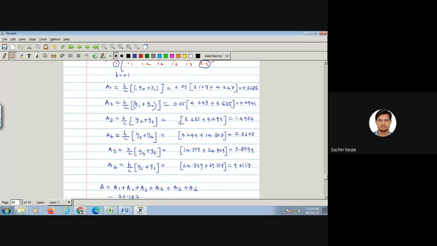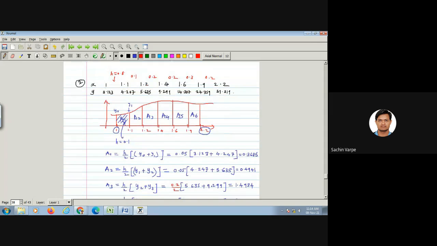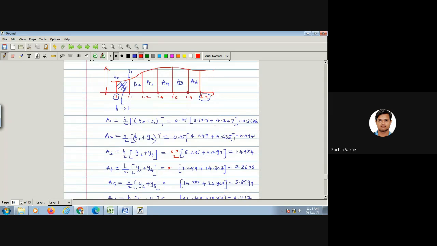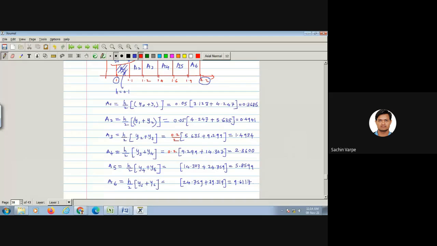0.1 by 2, that is 0.1 only. Just a minute. 0.1, 0.2, 0.2. That is 0.2 by 2 only. Then 0.3 by 2. And then last is 0.2 by 2 only. You will get the answer now. Just check.